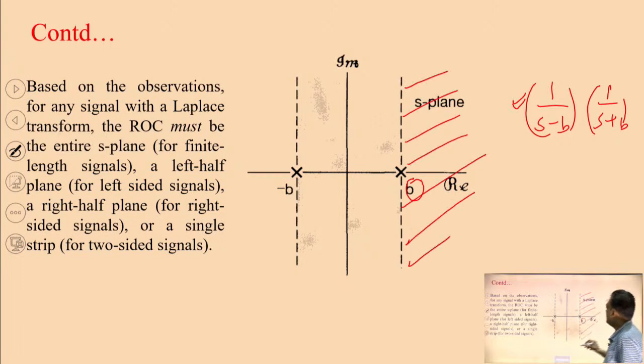And if it is minus B, corresponding to an anti-causal signal, then the ROC will be left sided.